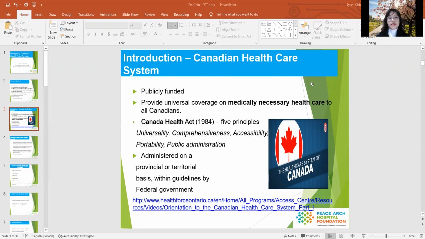The healthcare system is guided by the Canada Health Act and its 5 principles, which are universality, comprehensiveness, accessibility, portability, and public administration. The Canadian healthcare system is administered on a provincial or territorial basis within guidelines set by the federal government.